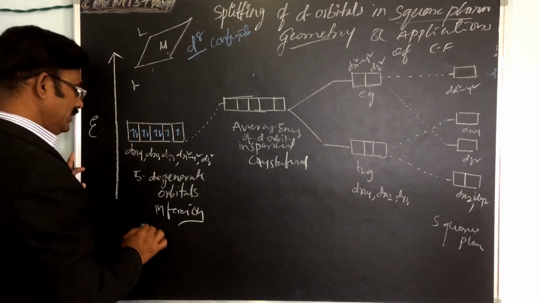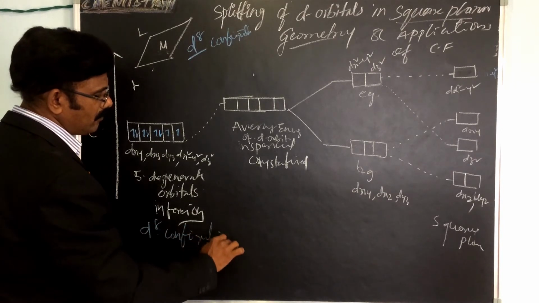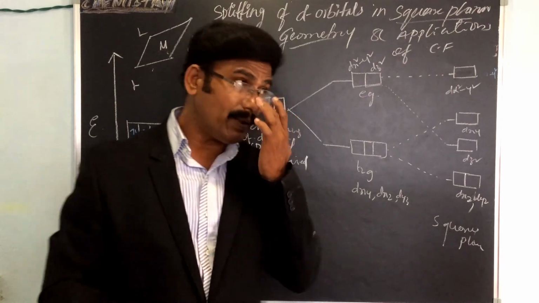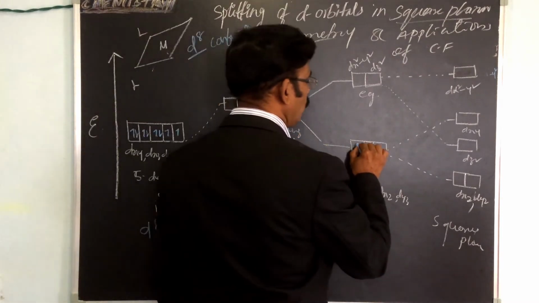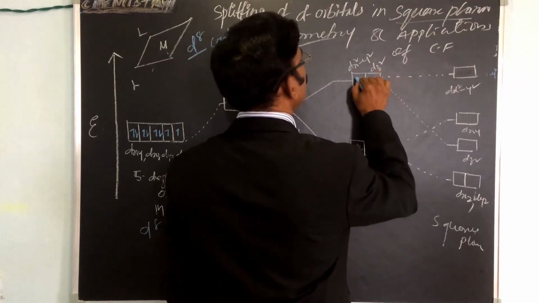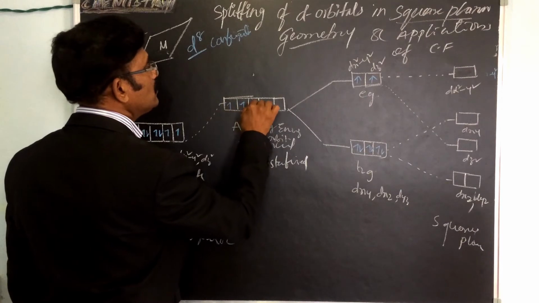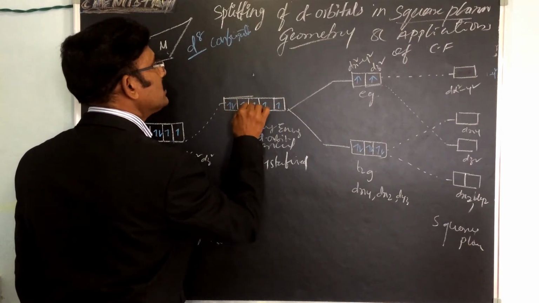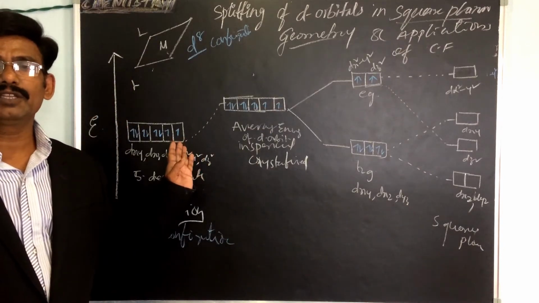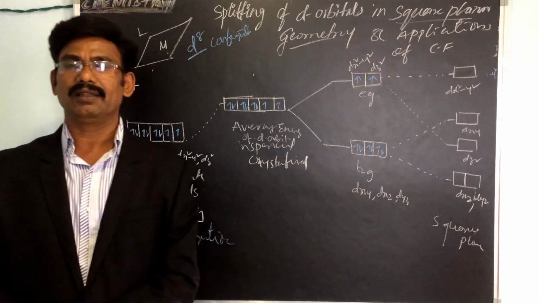Six electrons will occupy the t2g level and 2 electrons are in the eg level.